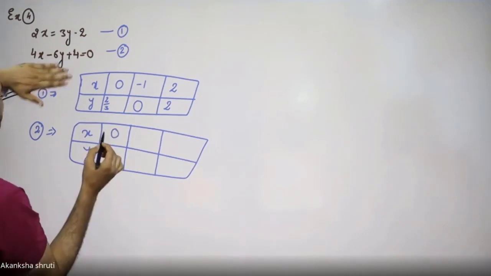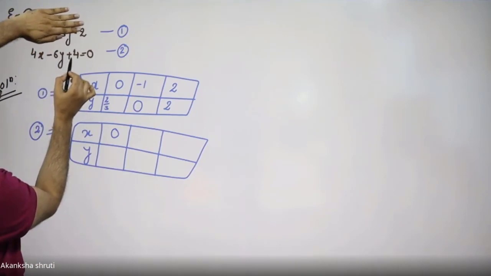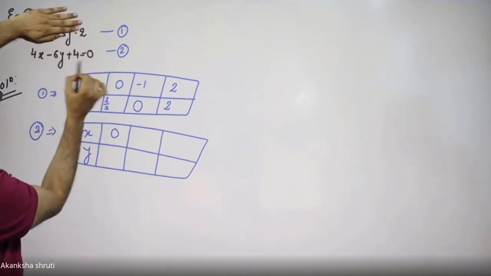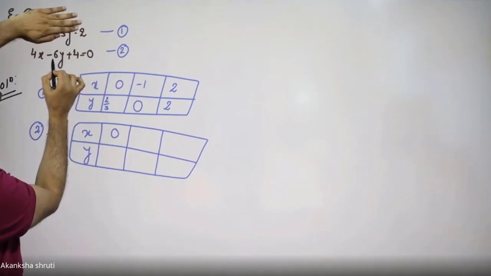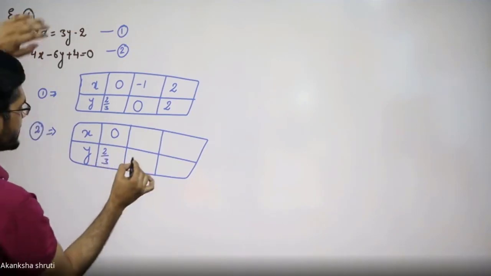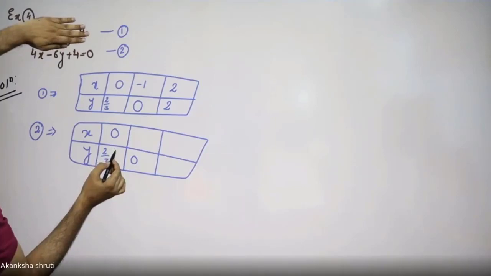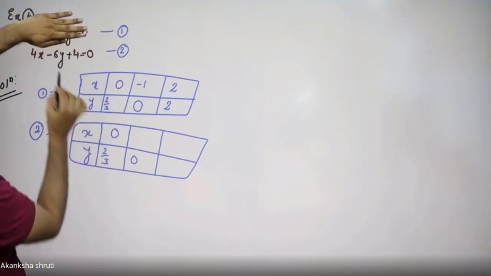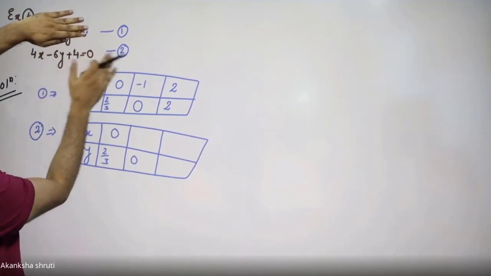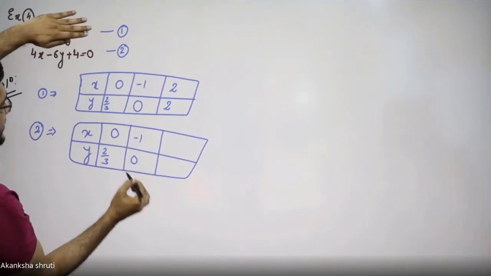Students, taking x is equals to 0 in the second equation, bring this on this side, it becomes 6y, so 4 by 6, again it becomes 2 by 3. Take y is equals to 0 in the second equation. This calculation is done from the second equation. Hide the first equation. Taking y is equals to 0, the x value 4 has to be sent on this side, minus 4 by 4, it is minus 1.